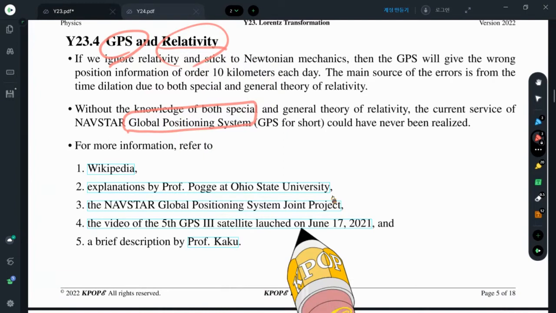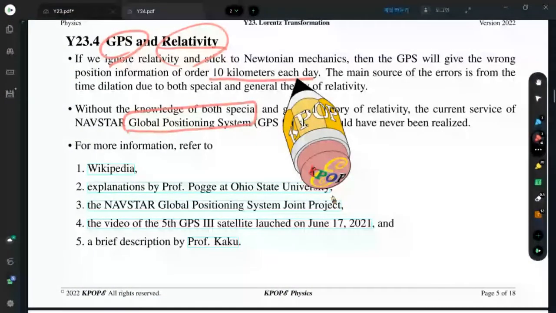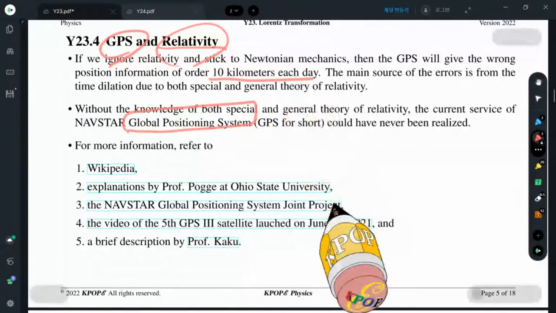Every day, GPS would give errors greater than 10 kilometers. So this is not a joke, relativity is reality, and every day you are using relativity, regardless of whether you understand what relativity is or not.